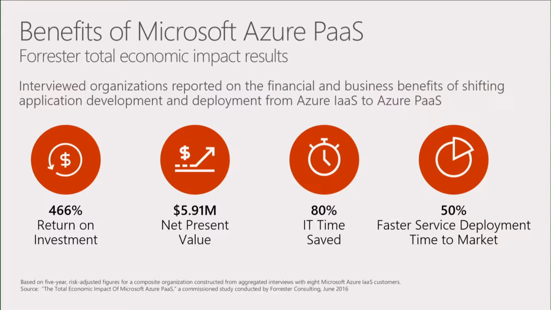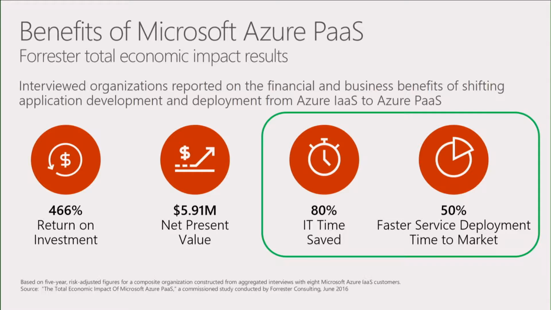Those results were more than a 4.5 times ROI. What's really interesting about this report is that the benefits came on both sides: reduced IT infrastructure and administration time, but the true value to the business is faster time to market, faster time to innovation.